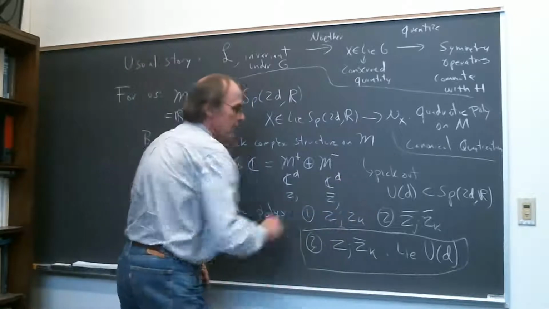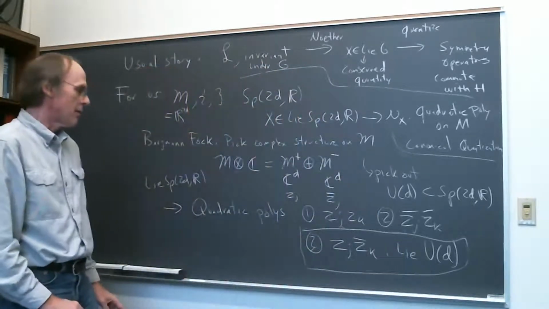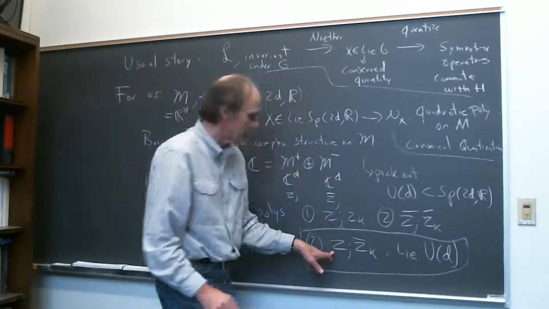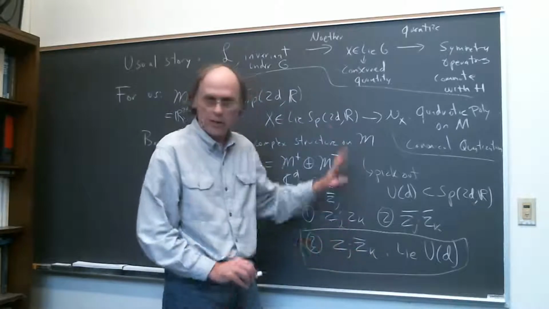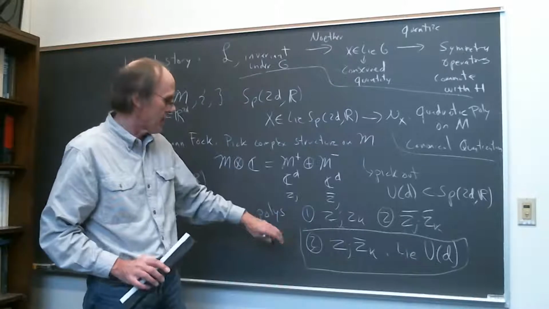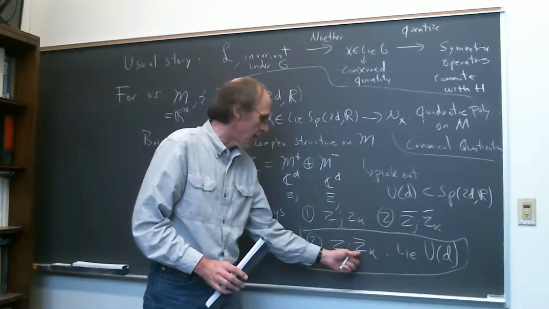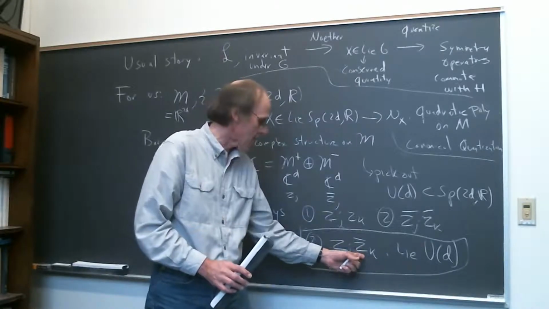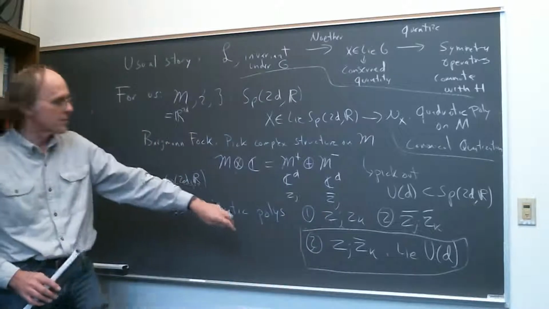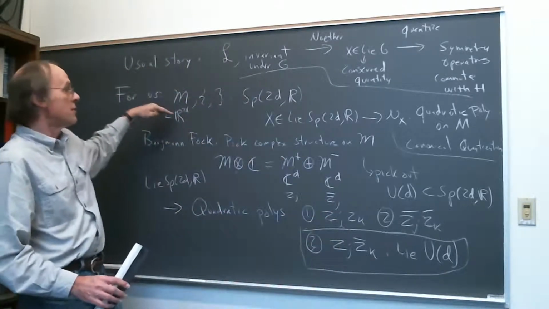But anyway, it's these guys we're interested in, and maybe a better way to think about them is that, let me start writing down the rest of what I want to do. So I want to get some formulas for how these guys act. What I'm looking for ultimately is to be able to do this.